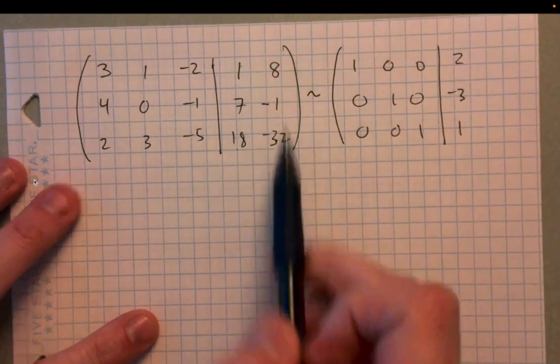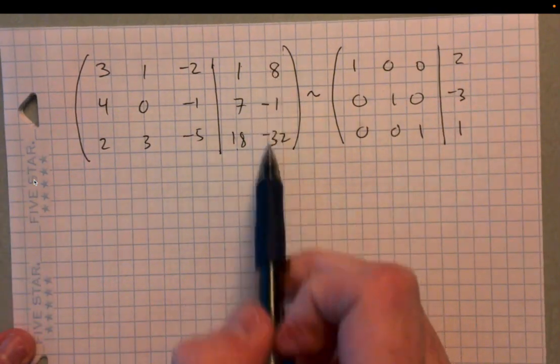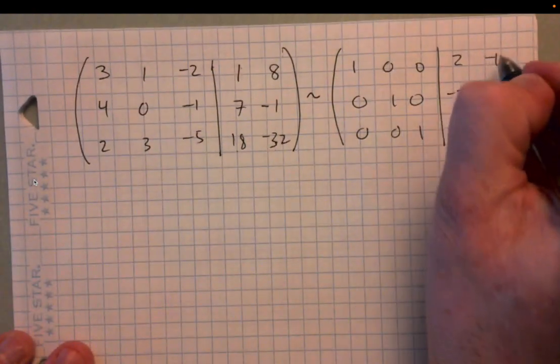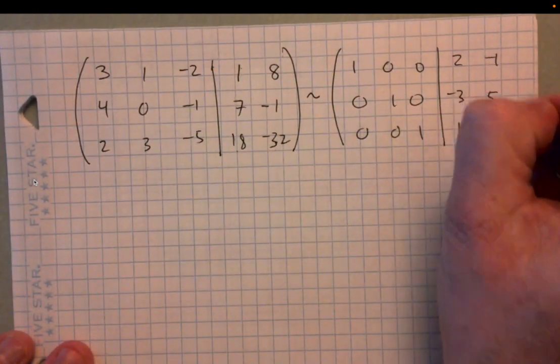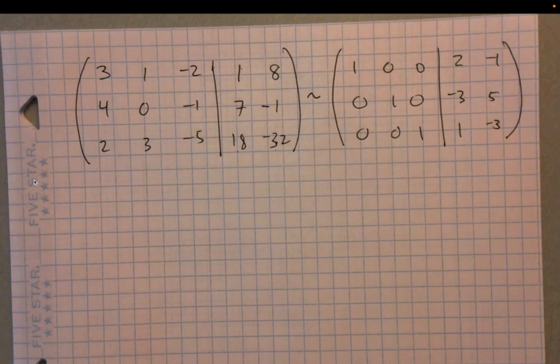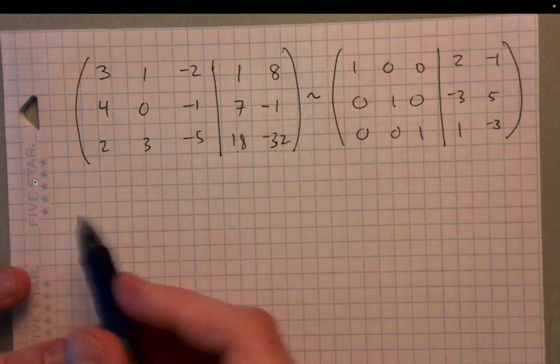And this other column gets converted into negative 1, 5, negative 3. Okay? And so you could accomplish this by just doing one set of row operations rather than doing multiple sets. And you could read the solutions directly off of this.